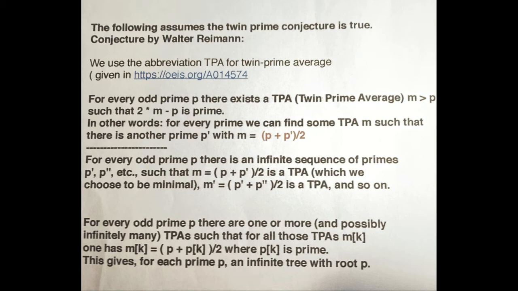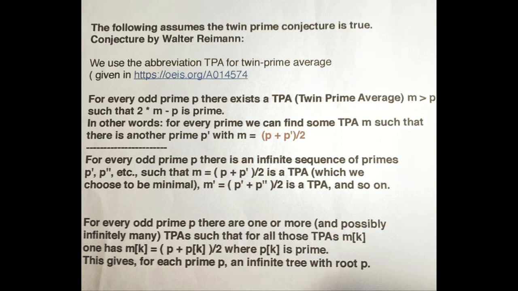For every odd prime P, there are one or more and possibly infinitely many TPAs such that for all those TPAs, M_K, one has M_K equals (P plus P_K) divided by 2, where P_K is prime.